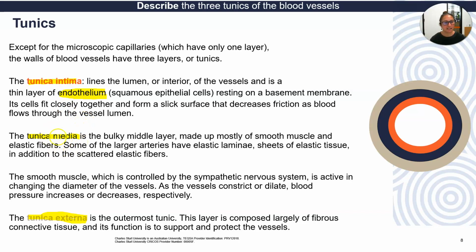The tunica media is made up of smooth muscle most of the time, and sometimes it has elastic fibres in it. So they're the major parts. And the tunica externa, that's made up of connective tissue. So you've got a mixture of 3 different tissue types making up each blood vessel.